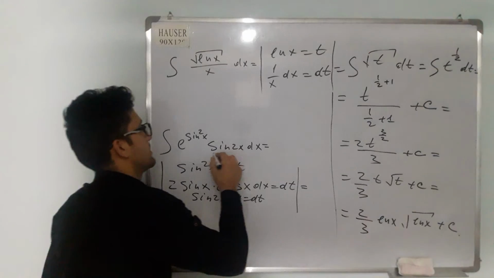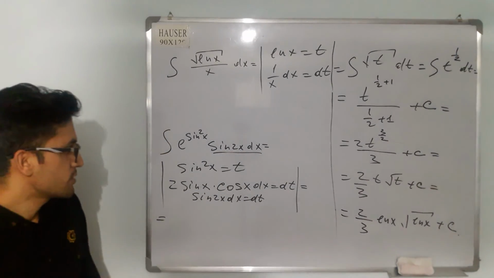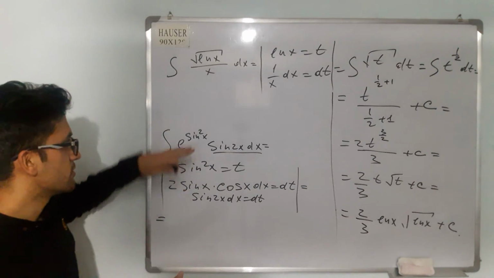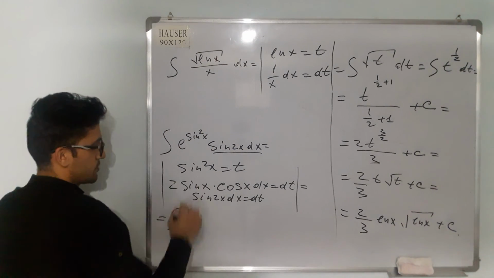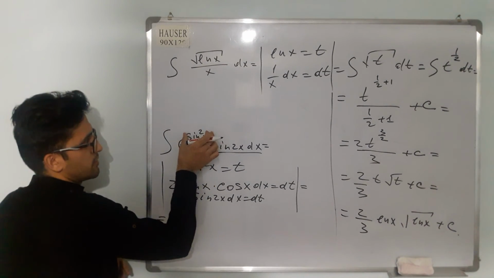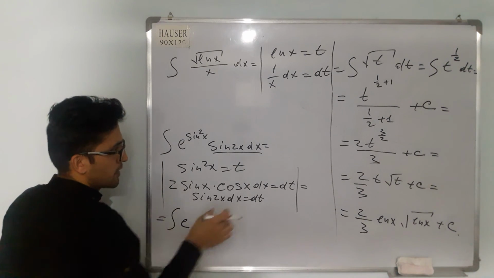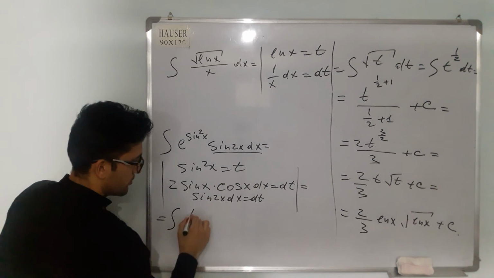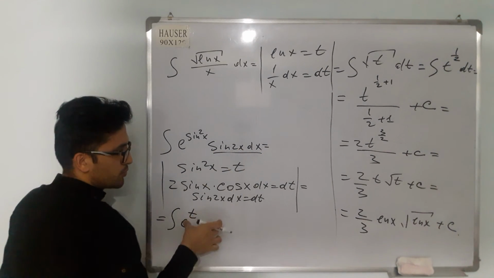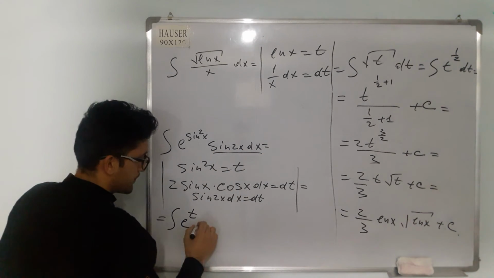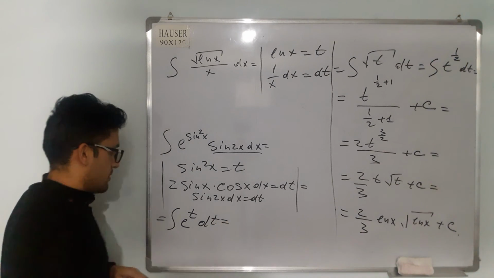Here everything is given. Now we put all the values into this expression. It will be e, and the exponent sin squared x equals t, so we put it, and instead of sin 2x dx, we put dt.